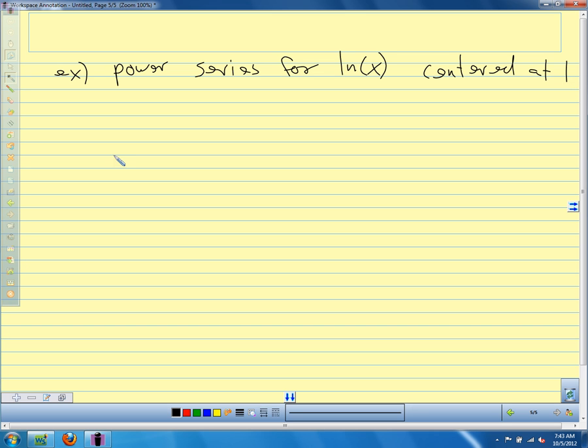Well, how is our natural log related to what we just did? It's the integral. The natural log is the integral of 1 over x dx. And when we do our integral here, we need to explicitly account for the constant, because the constant can become important when we're doing this power series expansion.